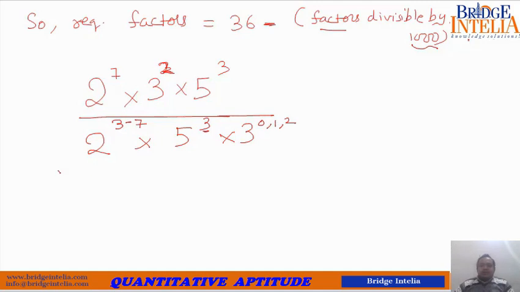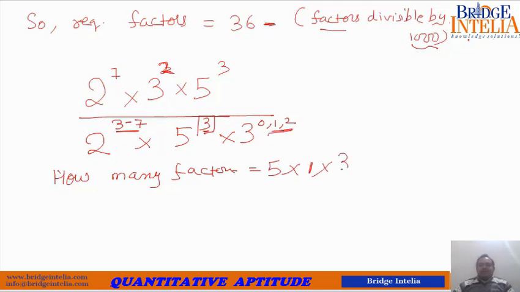So how many factors? In this range, how many numbers? 3, 4, 5, 6, 7. So 5 numbers. This is the only possibility. Here 3 possibilities. So 5 into 3, 15. So out of this 36, you have to remove these 15 factors.